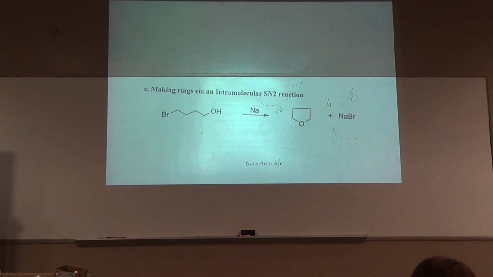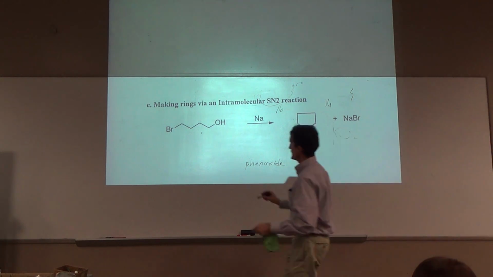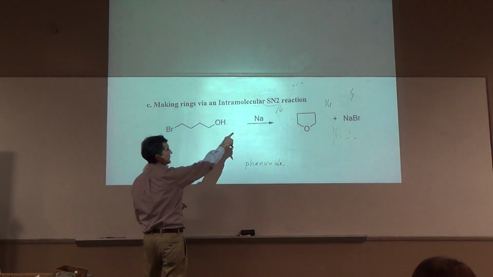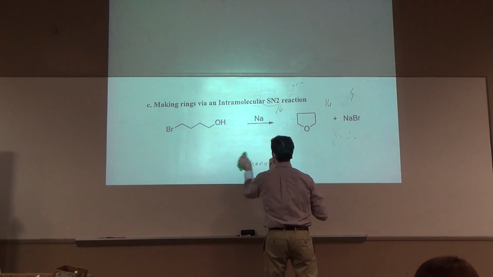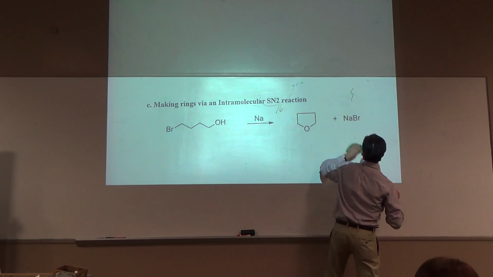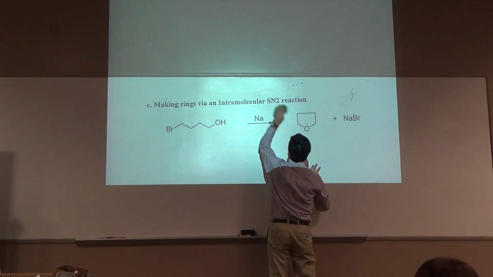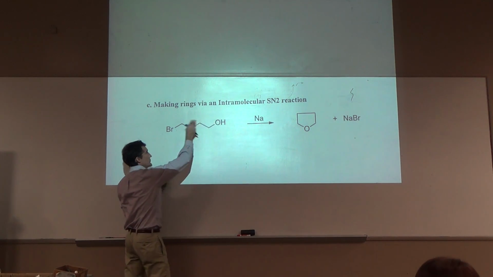You can make some rings like this. You take this compound here and treat it with sodium, you can get this compound plus sodium bromide. What does sodium do to an alcohol?